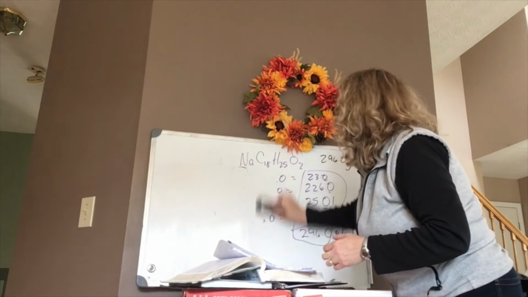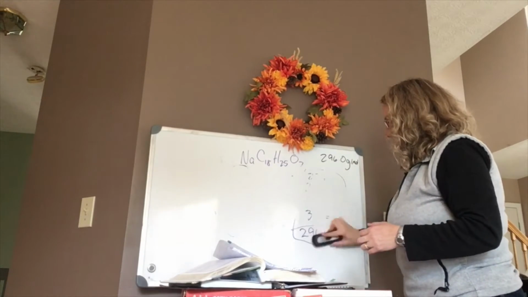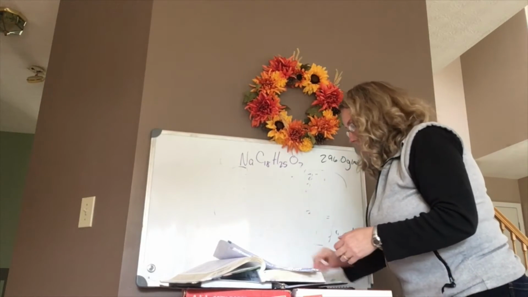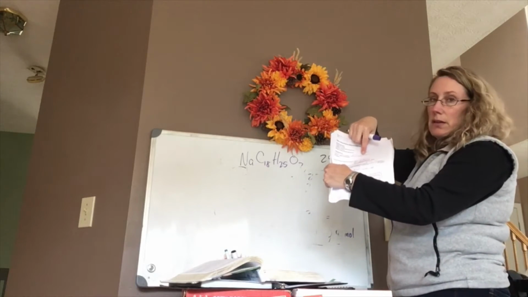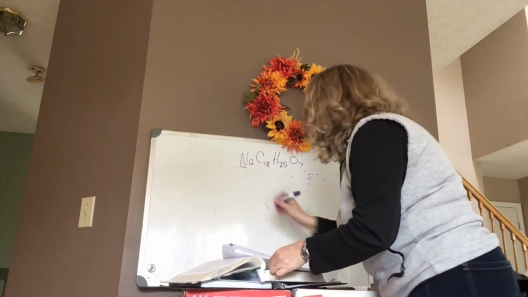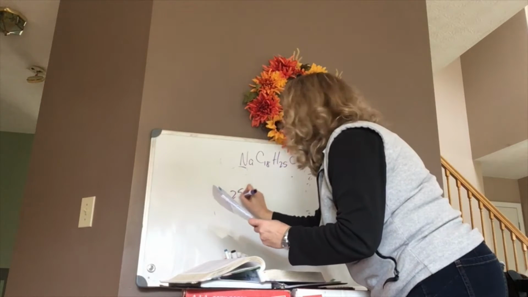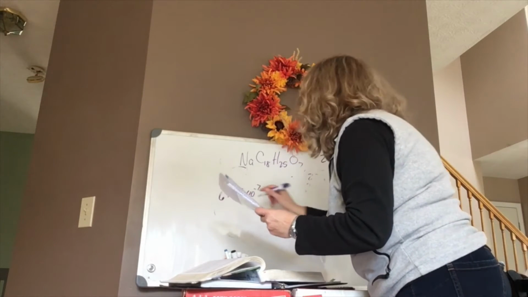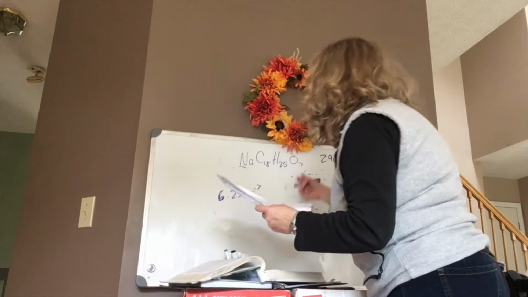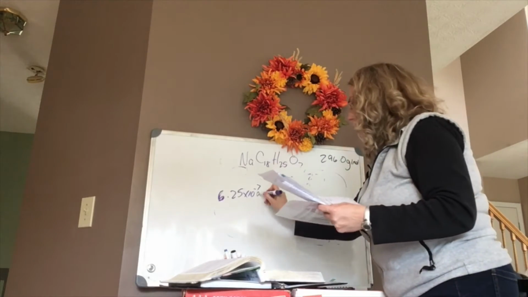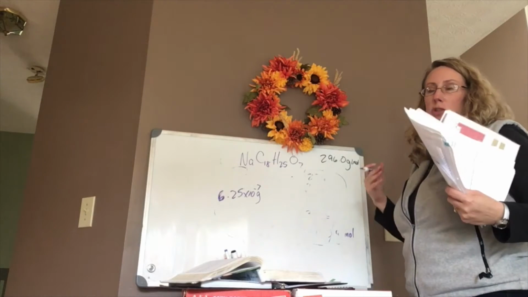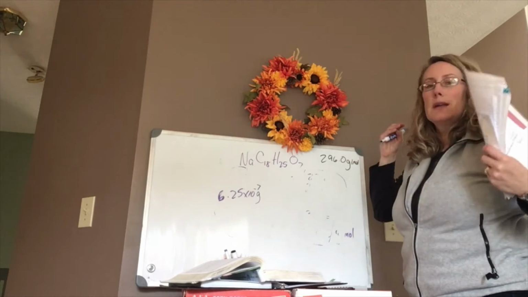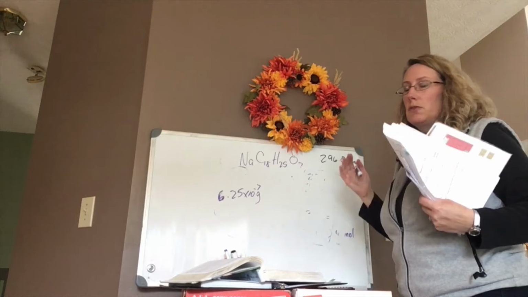Now, you take your grams of stearate, which is up here in this spot you calculated. Again, mine was 6.25 times 10 to the negative 7th, or put the zeros in, that's fine. And that's grams of stearate. Now, we're going to be doing a lot of conversions, not necessarily this one, but know how to do a conversion.